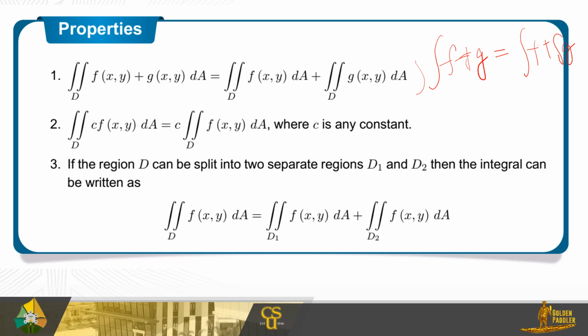Tapos pag meron kang integral ng constant times a function, pwedeng lumabas yung constant na ito sa integral. And kung yung region natin D can be expressed as the union of these two regions, pwede natin evaluate yung integral as the sum of the integral over these two regions.